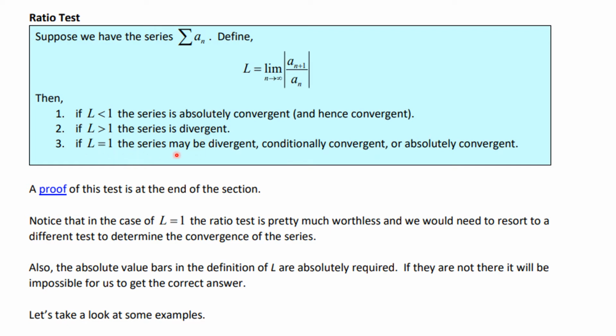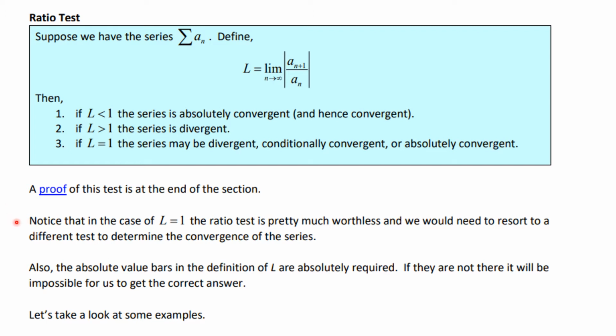And if L equals 1, this is where it becomes a little bit different. The geometric series for r equal to 1 diverges, but here the series may, since you're taking the limit, be divergent, conditionally convergent, or absolutely convergent. So we take this series, we form this ratio, and then we make a conclusion. But there are calculations involved in this limit. Again, we'll do a proof later on.